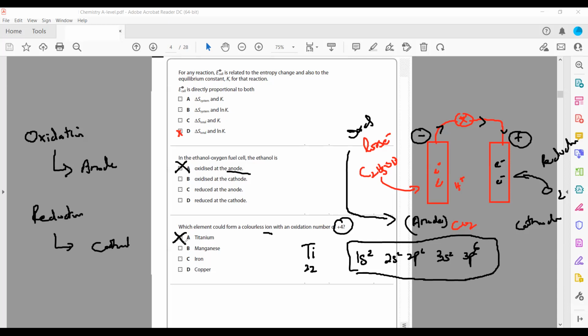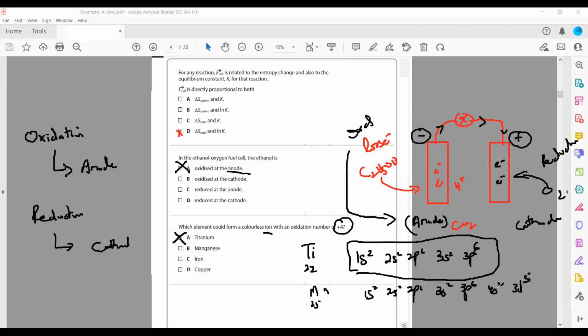But when we check manganese, manganese has atomic number 25. So it will be 1s2, 2s2, 2p6, 3s2, 3p6, 4s2, 3d5.